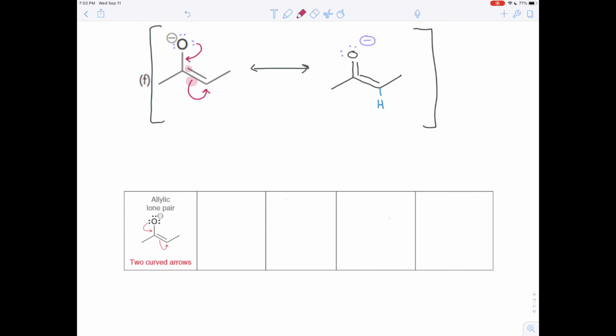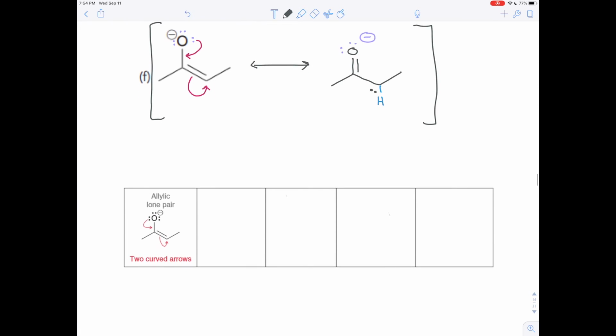If the head of the curved arrow is pointing at an atom, you draw the electrons as a lone pair. So we've moved the electrons.